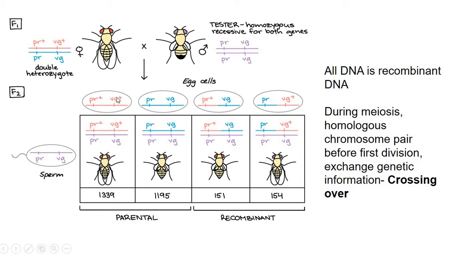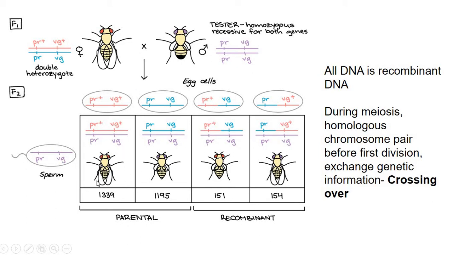However, if recombination happens in the male, it will not affect anything because these are both recessive. But because the female has a recessive allele and a dominant allele, if recombination happens here, it can exchange portions between the maternal and paternal chromosomes, and this is what is shown here. So this is the parental type.